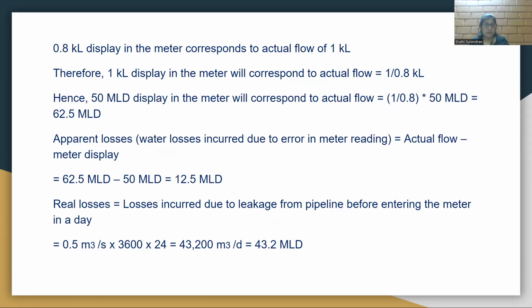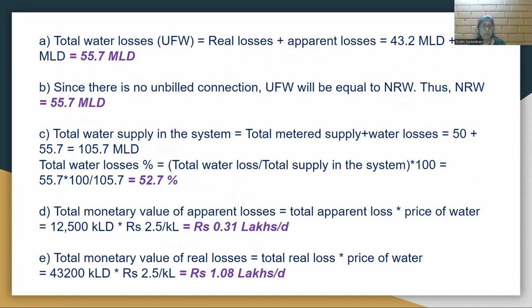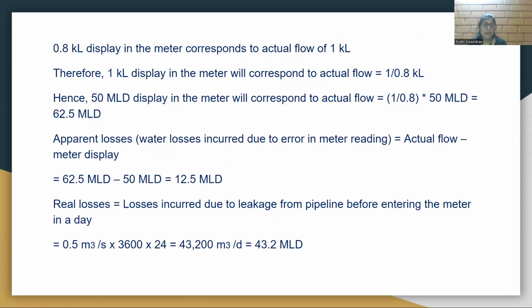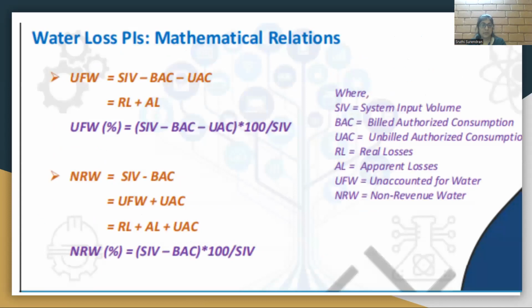Correct. So we have the real losses and the apparent losses. Total water losses will be the sum of those two, which is 55.7 million liters per day.